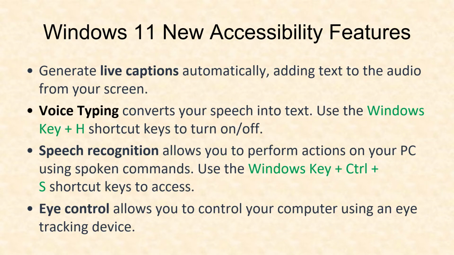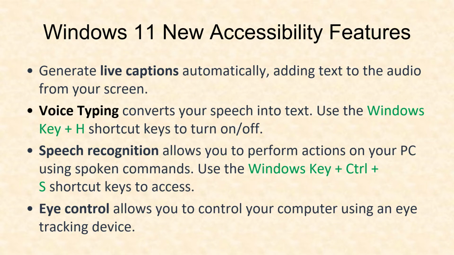Here are some of the exciting new features available in Windows 11. The first is the ability for Windows to generate live captions automatically, meaning that any audio that you hear on your screen will immediately turn into closed captioning. Voice typing, which is the ability of the machine to convert your speech into text.